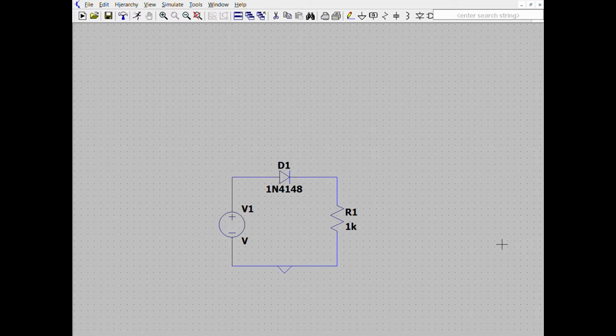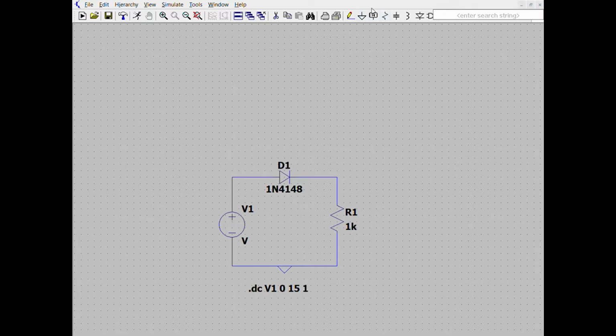Since the value for the voltage source is between 0 to 15 volt, we can put the value using a SPICE directive here, dot DC V1 0 15 1, and we can put it here.